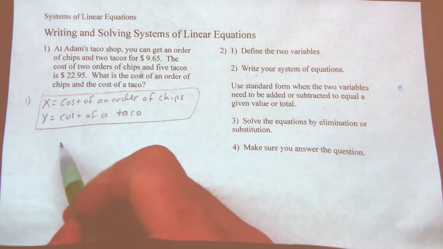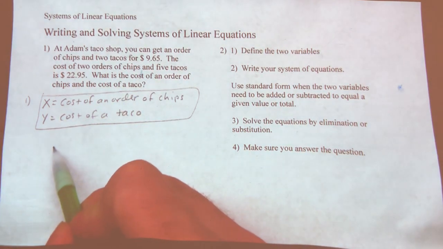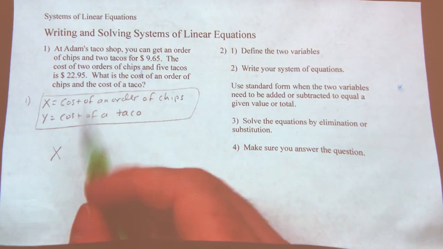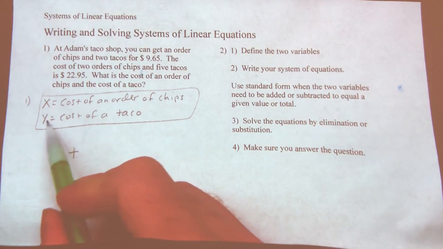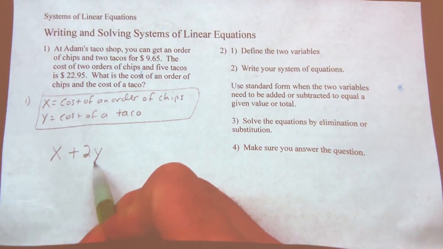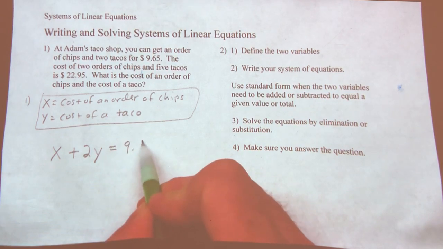So this is a good use of standard form. We have 1 order of chips, so we'll represent that with x, or 1x. And we have 2 tacos, and the cost of a taco is y. So if we have 2 of them, that's 2 times y, or 2y. And that adds up to $9.65.